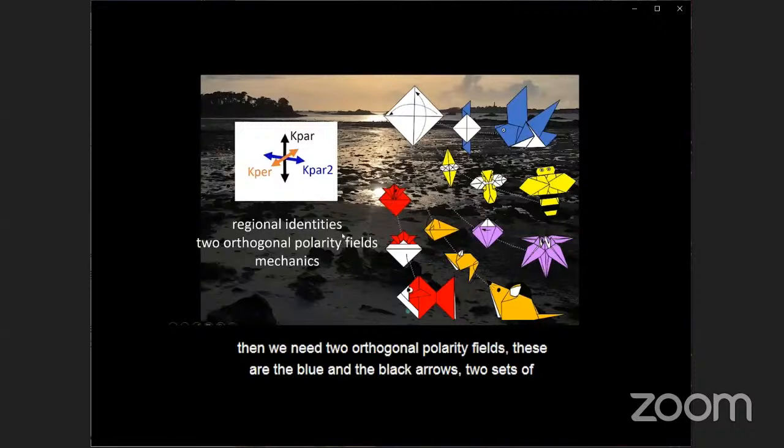These are the blue and the black arrows, two sets of arrows that are going to allow us to orient our growth according to three different directions, as we've seen with this cross shown here. And finally, we need mechanics. We need the tissue to be mechanically connected together so that it forms a coherent whole. And with these principles, we can do bio-origami.